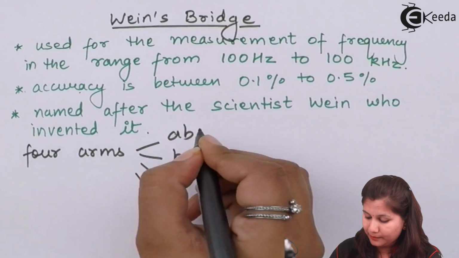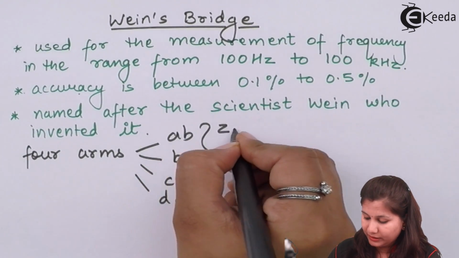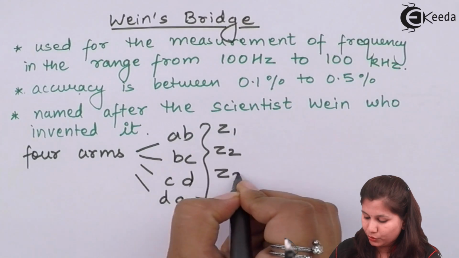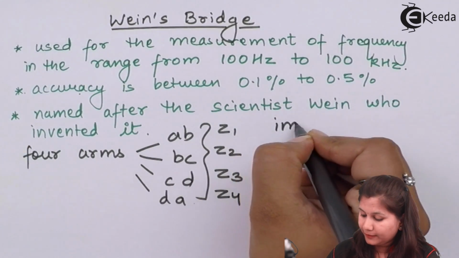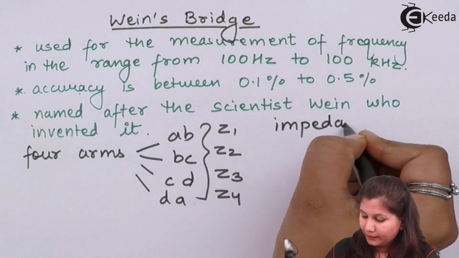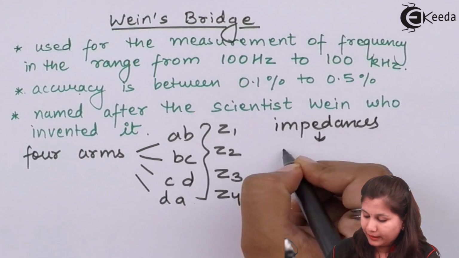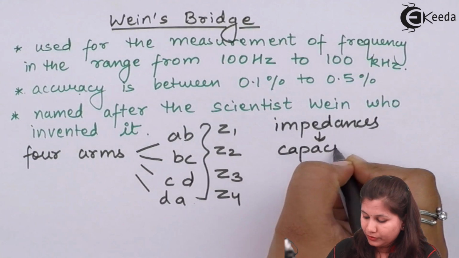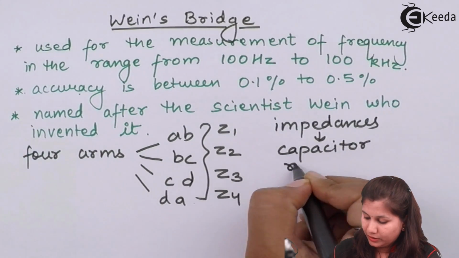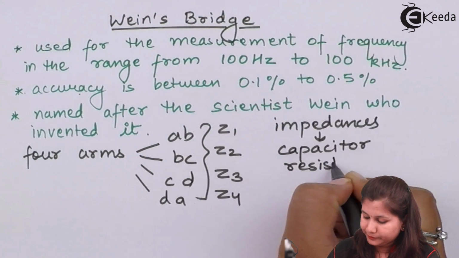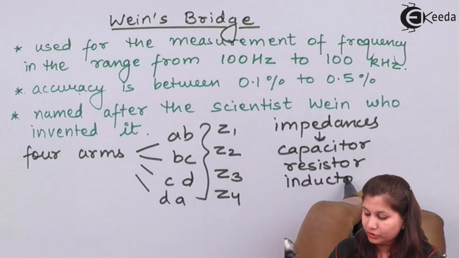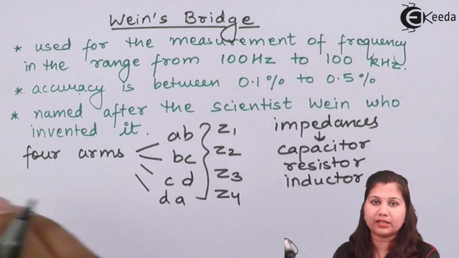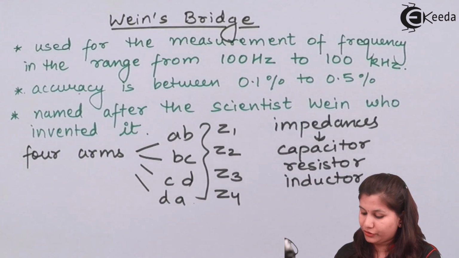In these arms we have the impedances Z1, Z2, Z3 and Z4, and they can be a capacitor, resistor or an inductor, or a combination of these 3, series combination or parallel combination.